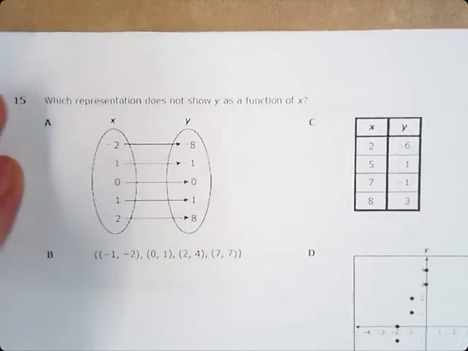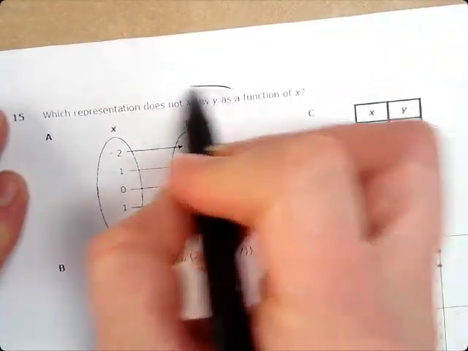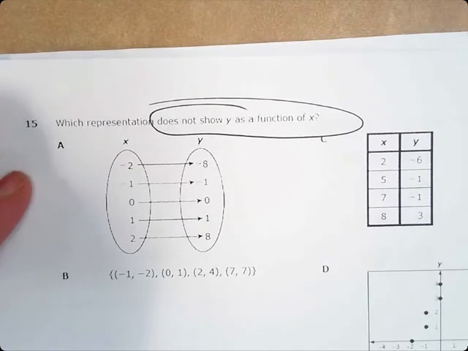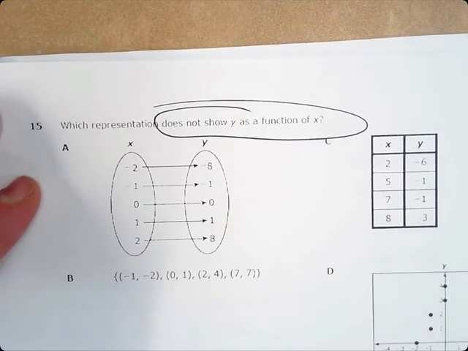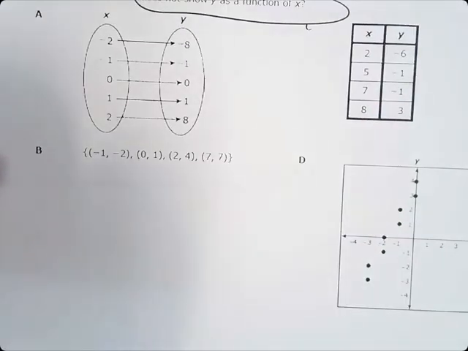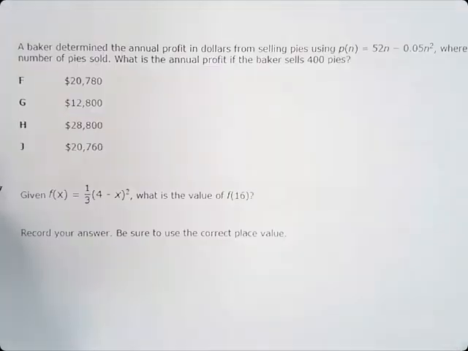Okay, so same thing on this. It says which of these does not show y as a function of x. So to be a function, x's can't repeat and has to pass the vertical line test. Okay, what about 16 and 17? Do y'all need help on those?